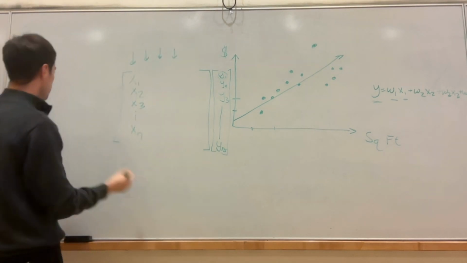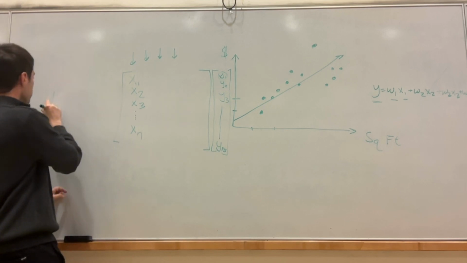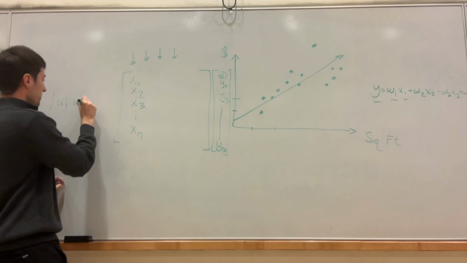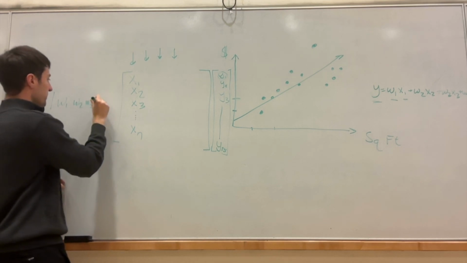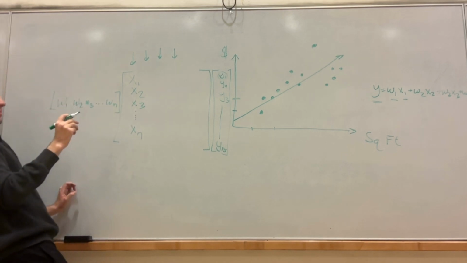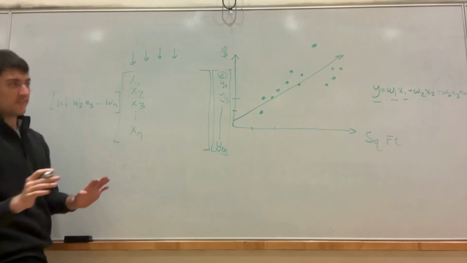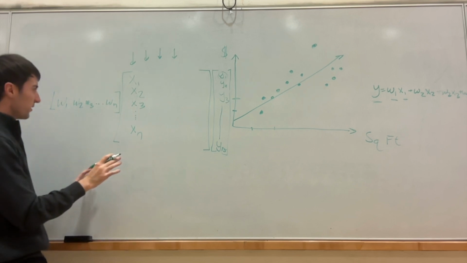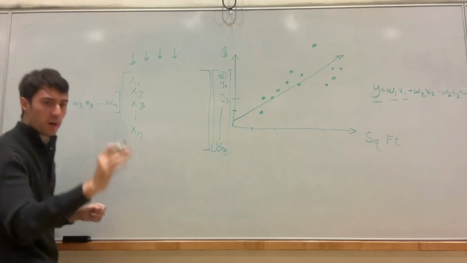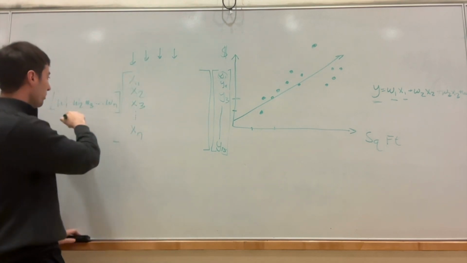So I'm going to transpose it: W1, W2, W3, Wn. Okay, I like this. What does the matrix operation for this look like?